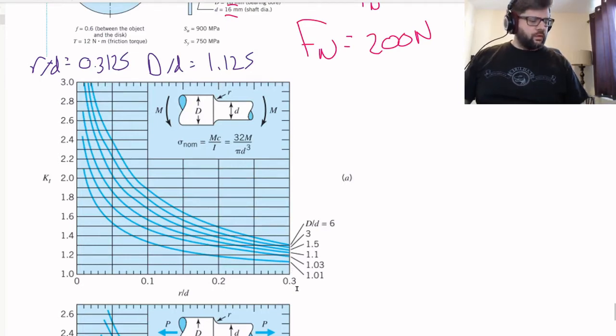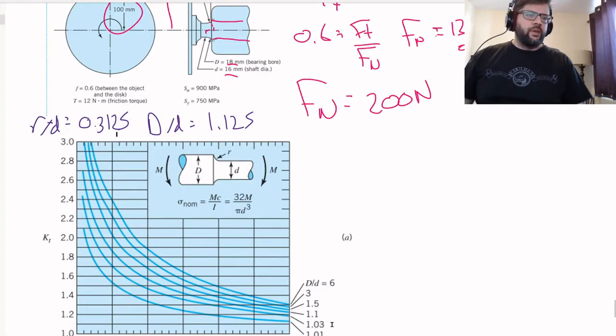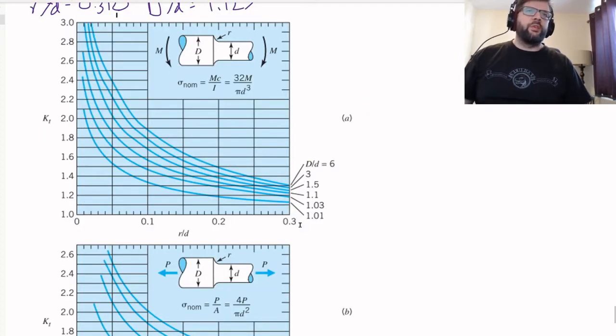So a relatively high r over d ratio. Basically, we're hitting the end of the charts here. So I'm just going to end up using the 0.3 value instead.